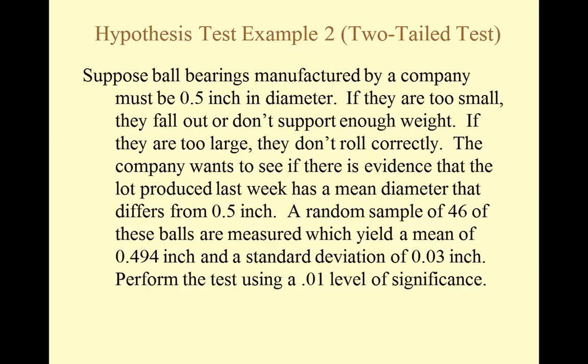The company wants to see if there's evidence that the lot or the production where they produce probably thousands of these, this lot that they produced last week, has a mean diameter that differs from this 1/2 inch target. A random sample of 46 of these balls are measured and they yield a mean of 0.494 inch and a standard deviation of 0.03 inch. Perform the test using a 0.01 level of significance.